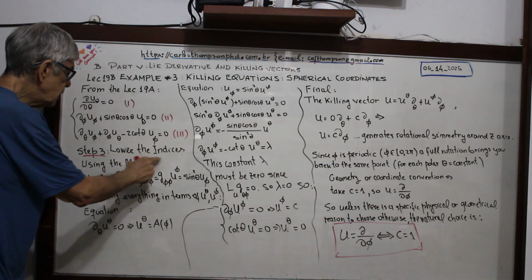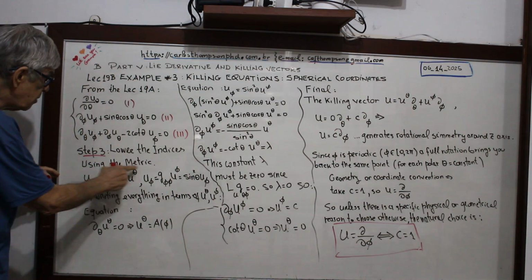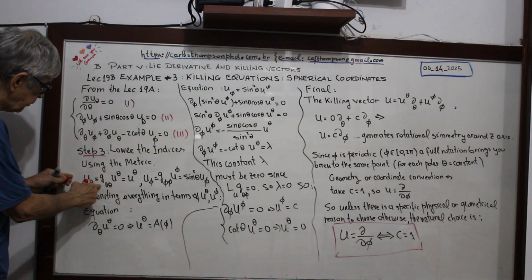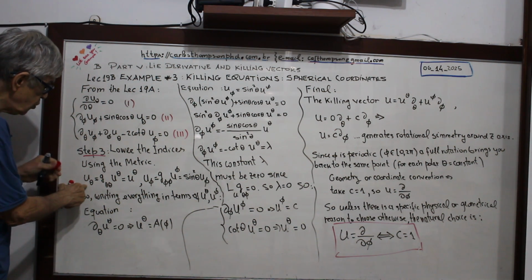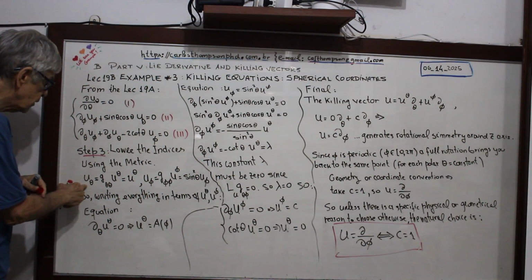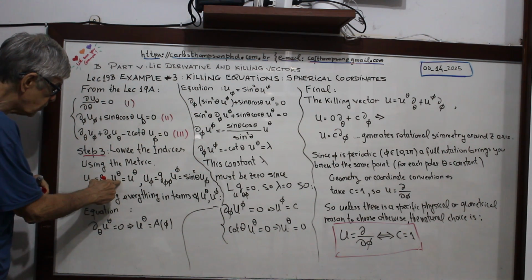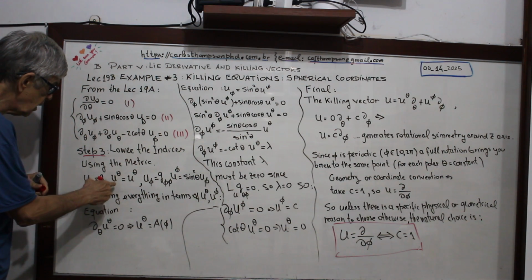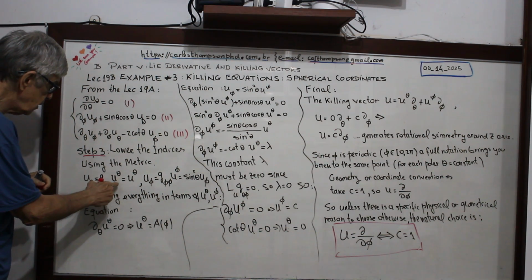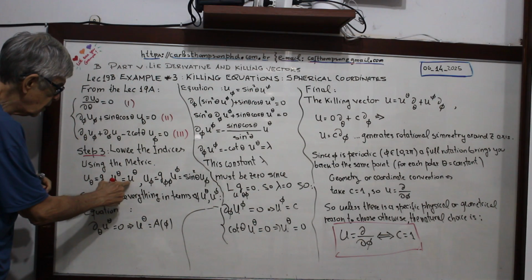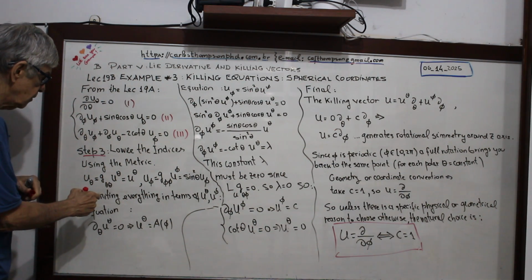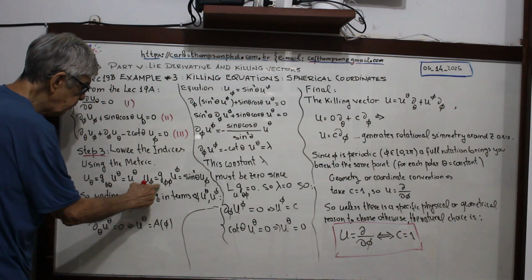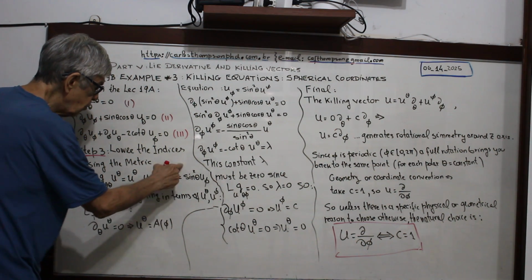So, lower indices using the metric. There's a property of the metric. This u here is covariant, u theta is contravariant. Then this is the metric, and we relate the contravariant to the covariant component. Likewise, u phi is g phi phi u phi.